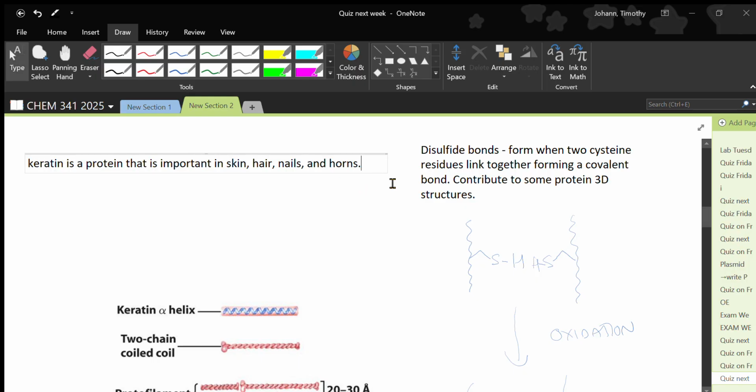And when you think about it, we've got this same protein that makes up these different structures. Particularly, let's go with hair, nails, and horns. We get more disulfide bonds as we go from the left to the right, so it makes it more rigid.